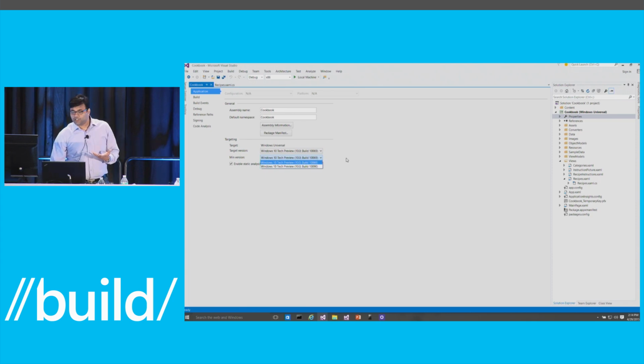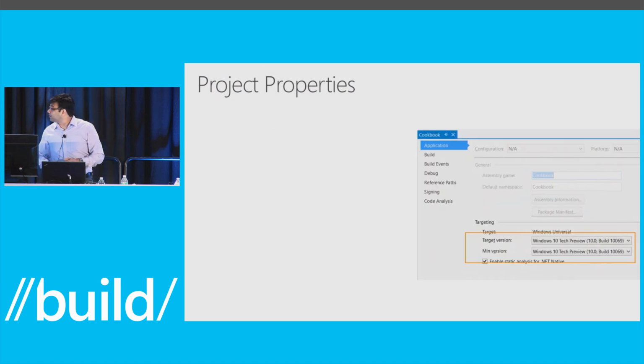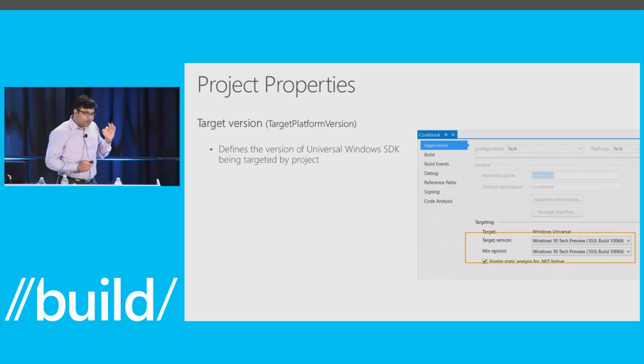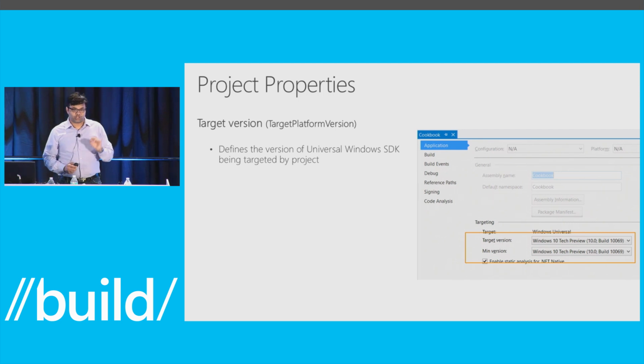So what are these properties and how should a developer think about them? These properties are super critical for a Universal Windows app, and I will explain why. Let's take a look at what exactly target version is. The target version property that you see in the project properties is backed by the target platform version in your project file.